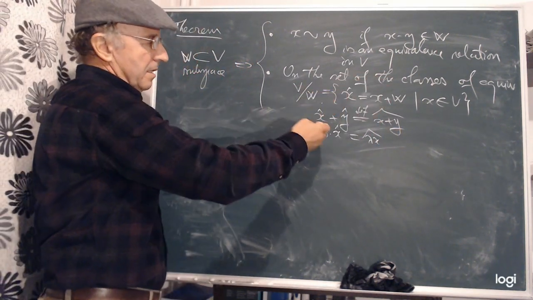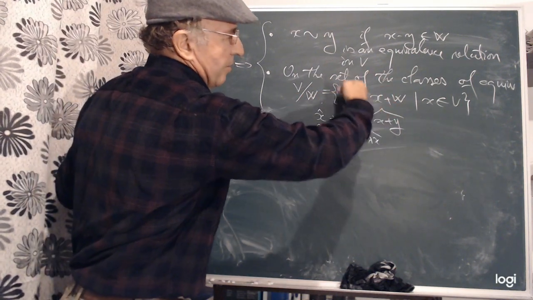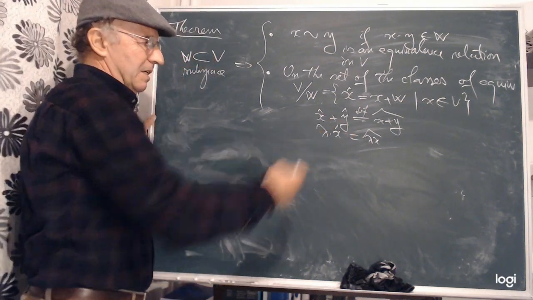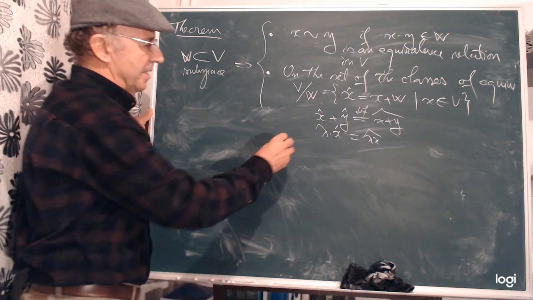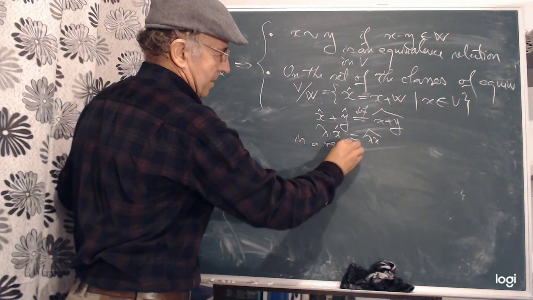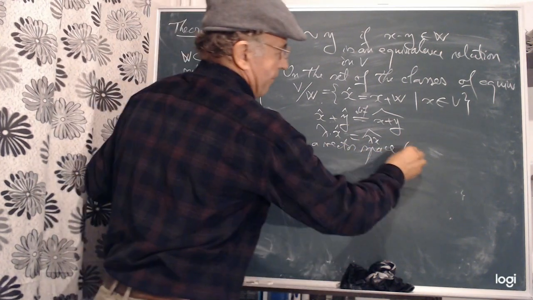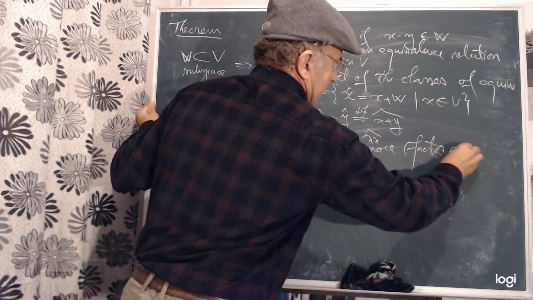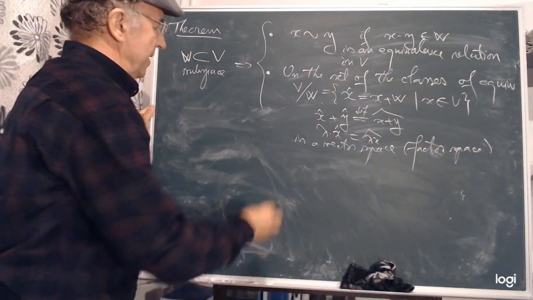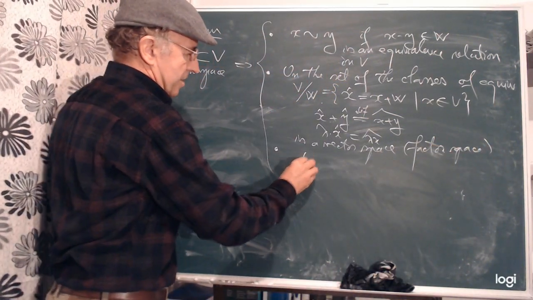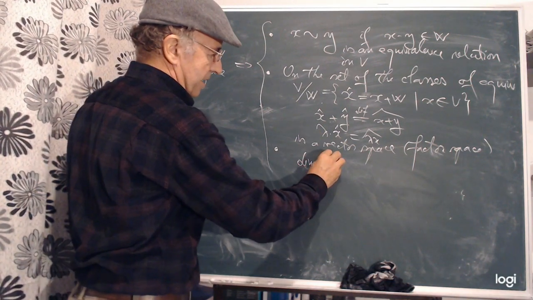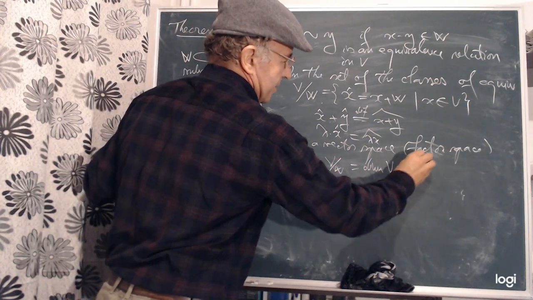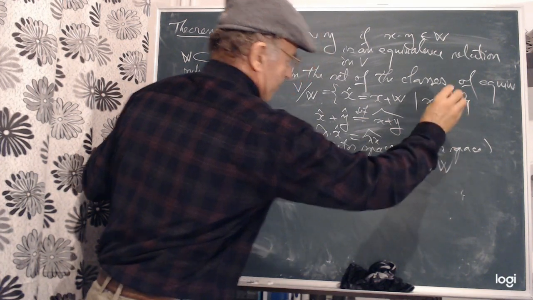This set, whose elements are also sets, with this vector addition and scalar multiplication is a vector space called factor space, quotient vector space, and third, the dimension of the vector space obtained in this way is the dimension of V minus dimension of W.